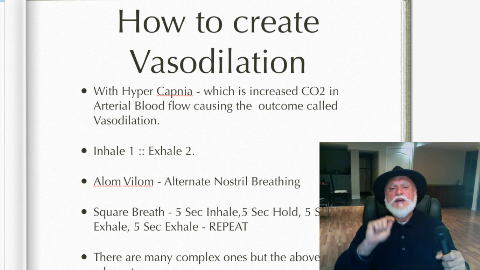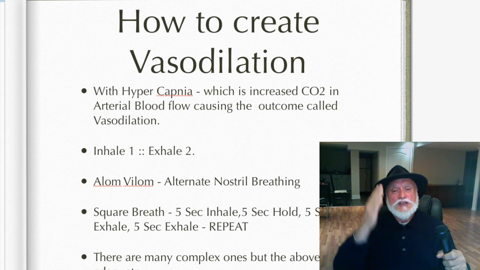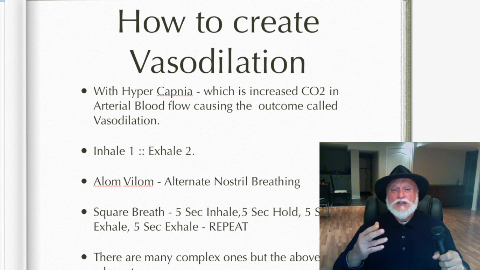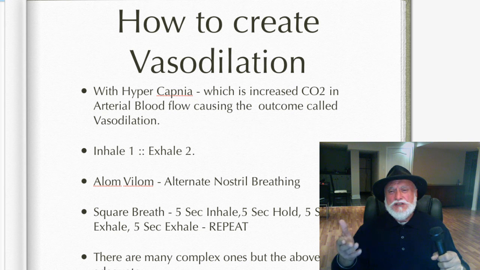But this only happens if you breathe slowly. If you're breathing too fast, if you're hyperventilating, you will never get that effect. So the trick is to do everything slowly. With hypercapnia, you have increased CO2 in the arterial blood flow, which causes the outcome called vasodilation, which we are after.